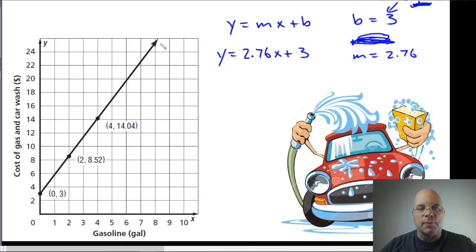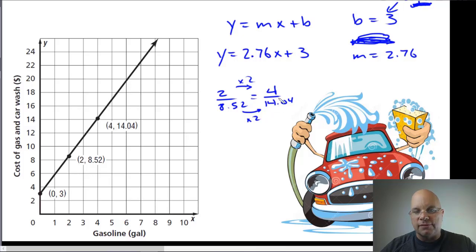Is this linear equation proportional? Is 2 over 8.52 equal to 4 over 14.04? You see a scale factor of 2 here. Is this also a scale factor of 2?